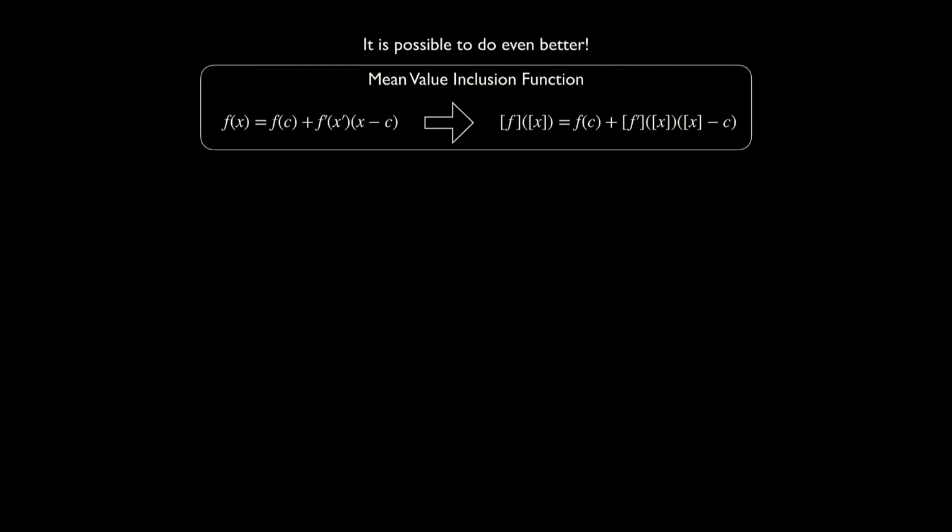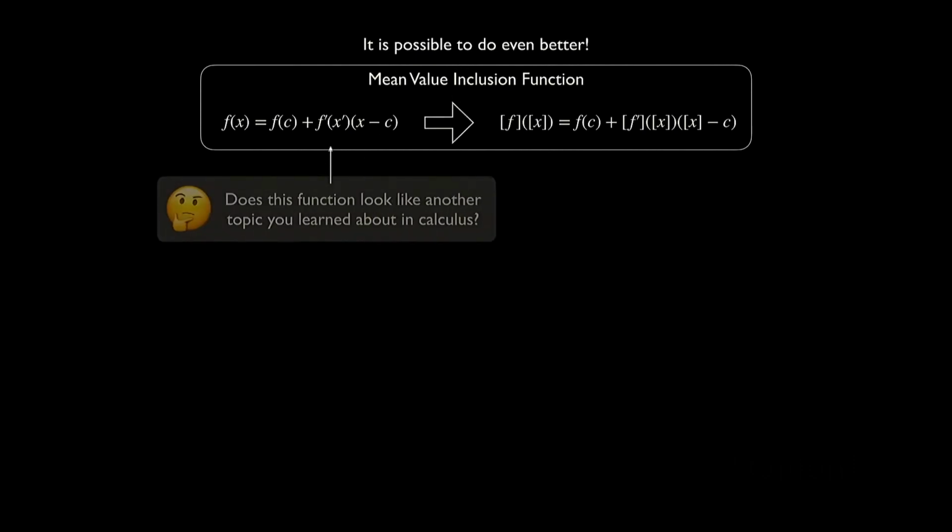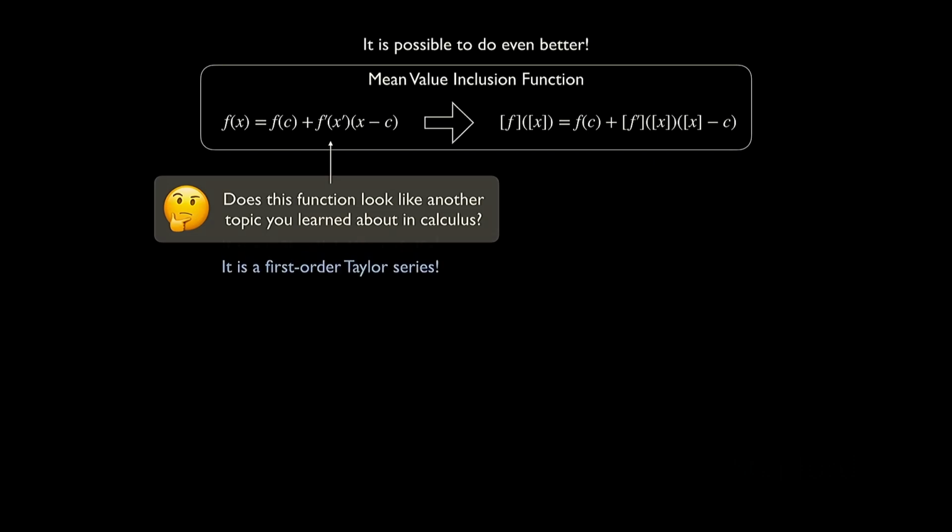Okay, but it is possible to actually do even better. This was called the mean value inclusion function, and I already kind of gave it away, but does this function remind you of another topic that you learned about in calculus? Yeah, Taylor series. This is actually just a first order Taylor series, in other words a linear approximation of the function.